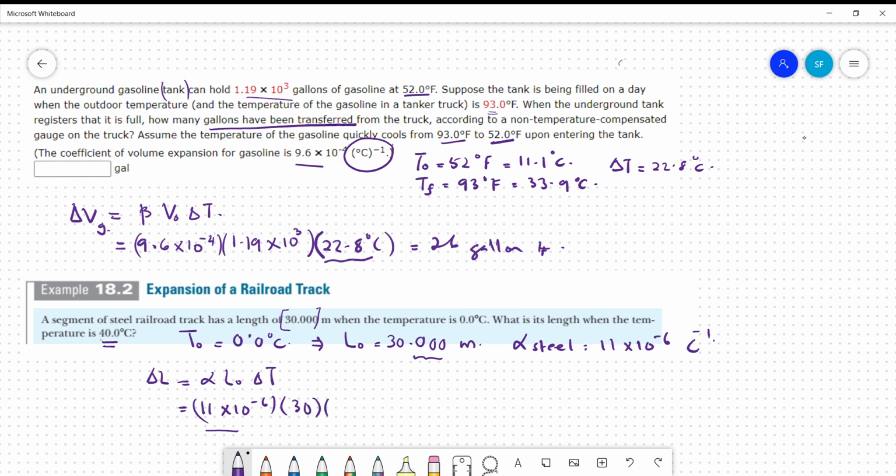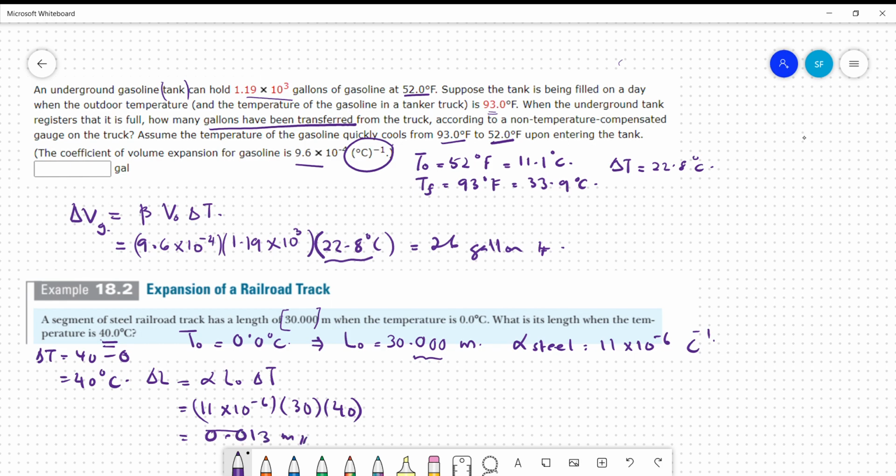Delta T, with T final being 40, equals 40 minus 0, so we get 40 degree Celsius. Now delta L here, you get 0.013 meter, so make it to 3 decimal places.